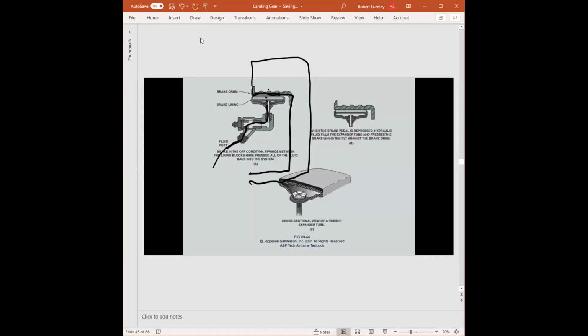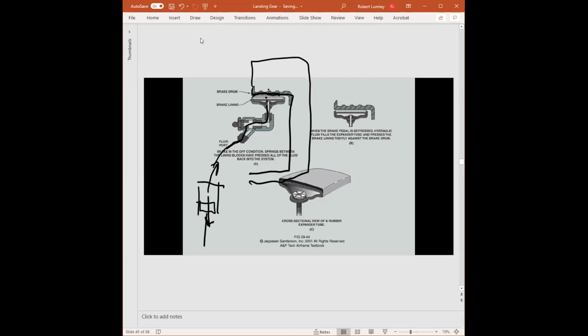When you release the brake pedal, and by the way, there's the brake pedal, this actually worked more like a giant syringe. Here you have a piston and a pedal. If you push fluid that way, it blew up the tube, and the pad then put pressure against the drum. When you release the pedal, the plunger would move back, drawing the fluid out of the tube and back into the cylinder. And thus the tube would contract and release the brakes.